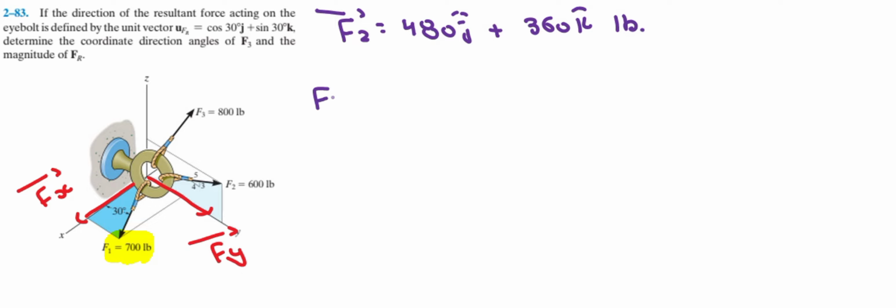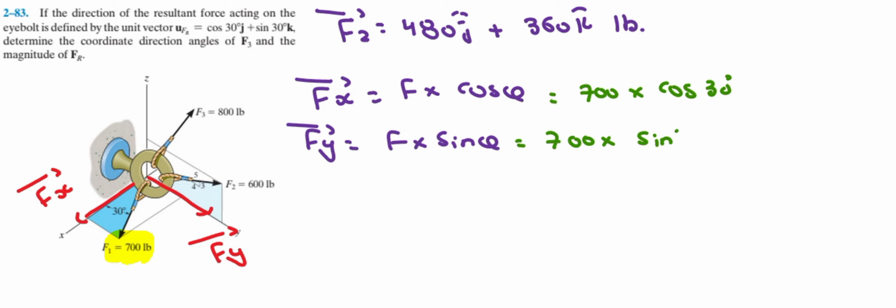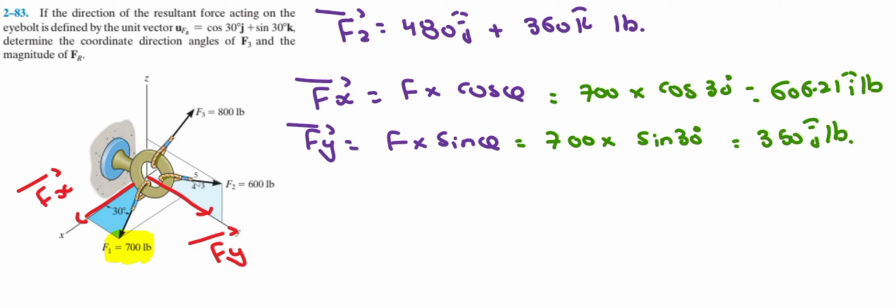So Fx is equal to F cos theta, and Fy is equal to F sine theta. The value of F here is 700, and the value of theta is 30 degree. So you get 606.21 i cap pound, and similarly 700 into sine 30 degree, so you will get 350 j cap pound. This is the resolution of F1 vector.